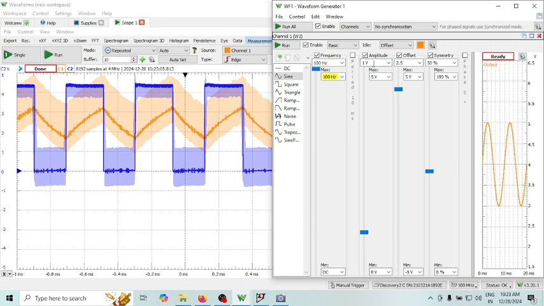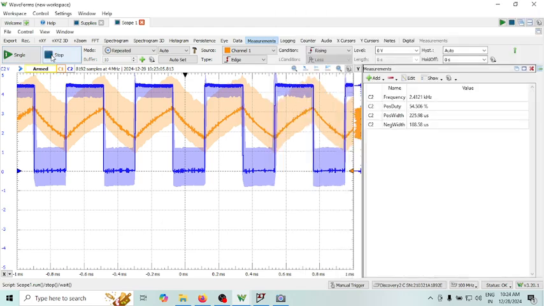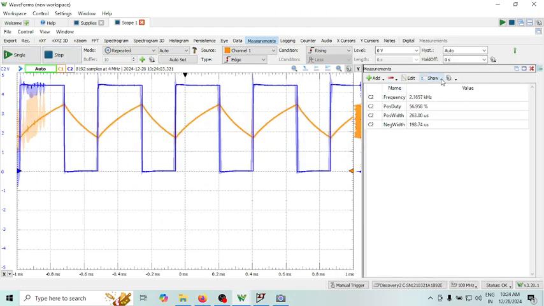Let me also have an amplitude of 2 volts here. If you see what happens now, you can see a pulse width modulated waveform.